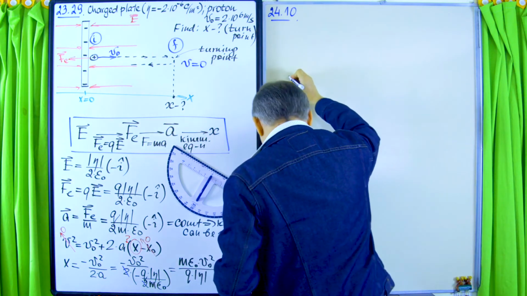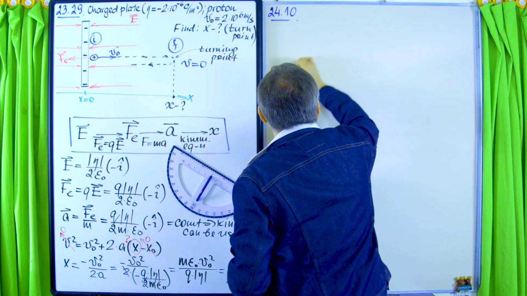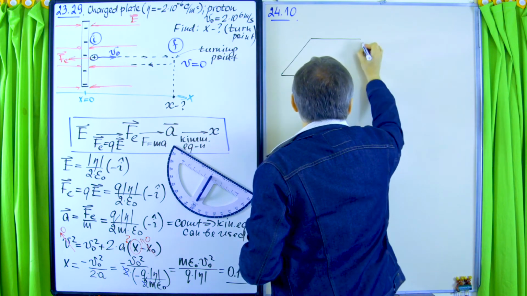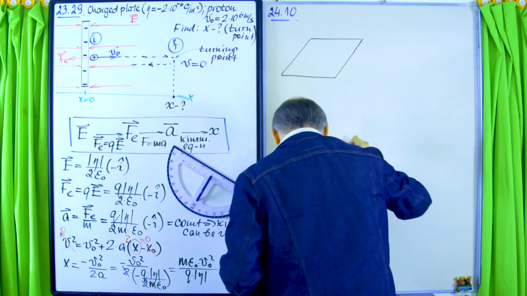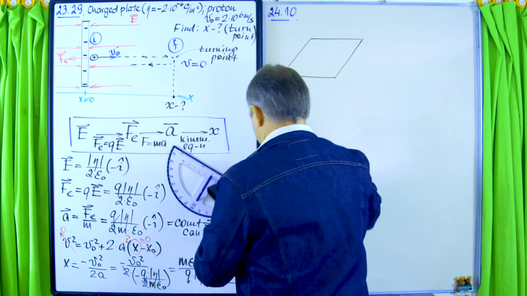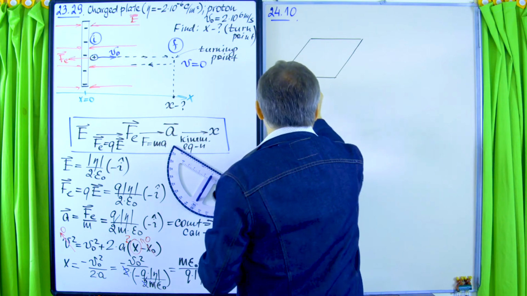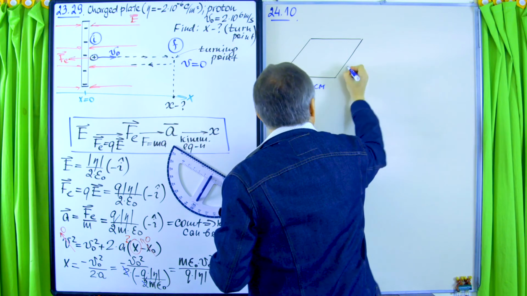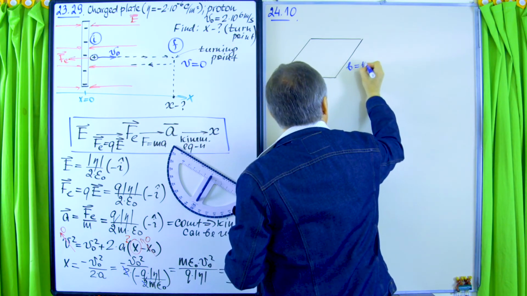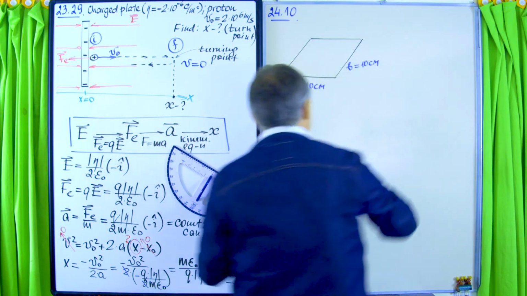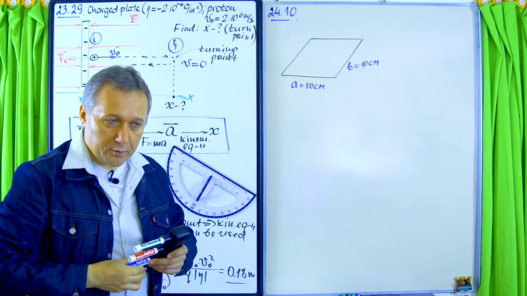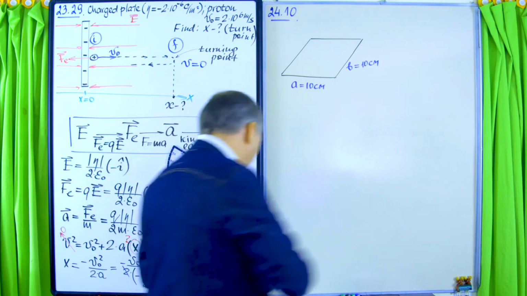Probably I will start with the picture. So what is given? We have a flat surface. It's a square, I think. Let's say this is A, 10 centimeters, and B, 10 centimeters. Then there is a uniform electric field.